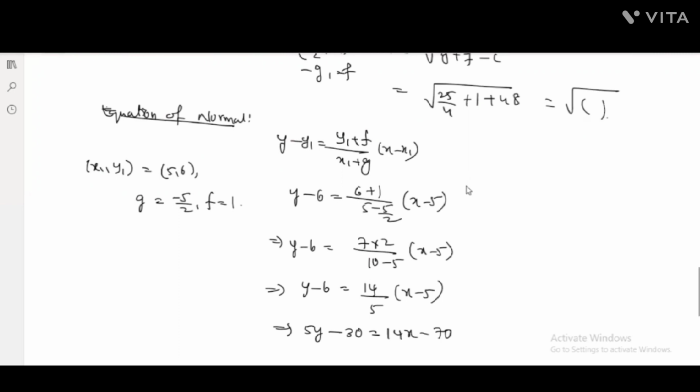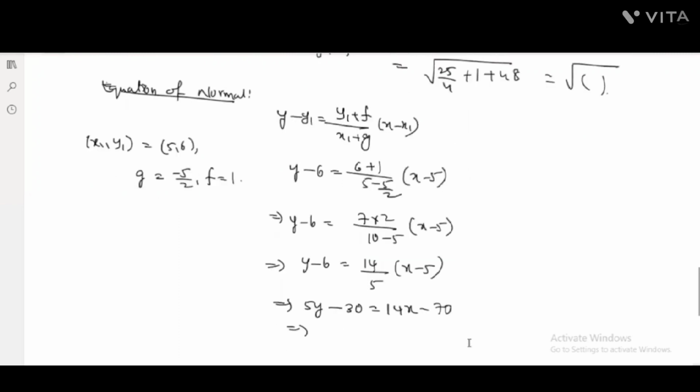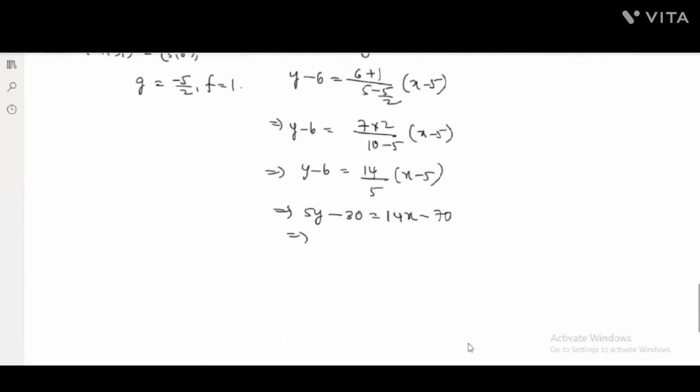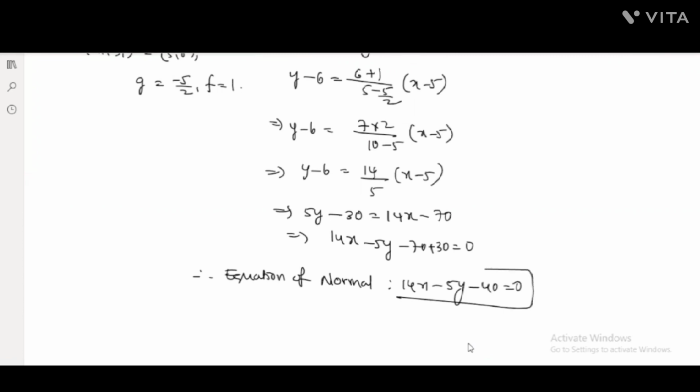So if we simplify this one, we will get 14x minus 5y minus 70 plus 30 is equal to 0. So therefore, equation of normal is 14x minus 5y minus 40 is equal to 0.